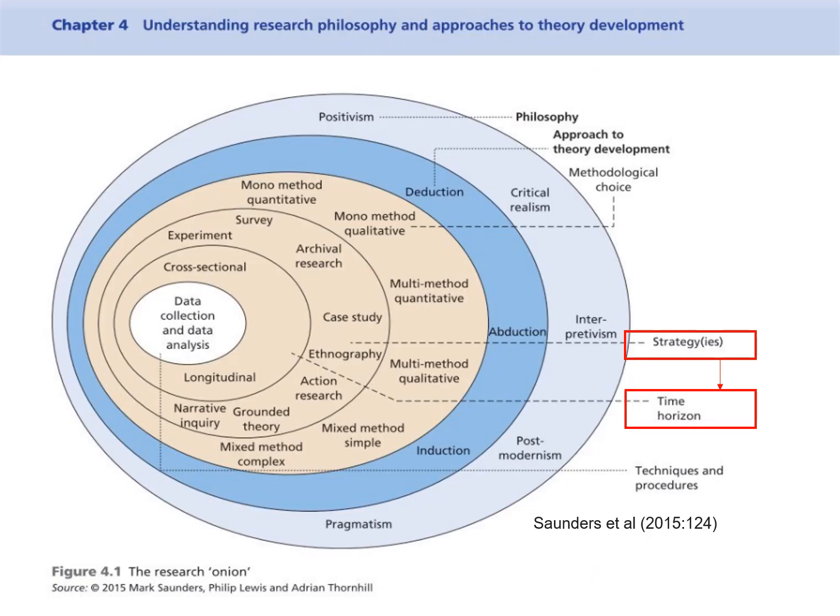So I hope you can take some time to read through the core textbook and understand the specific strategies, so you can apply particular strategies to your own research project. The last element in relation to research design is time horizon, which we are going to discuss separately.